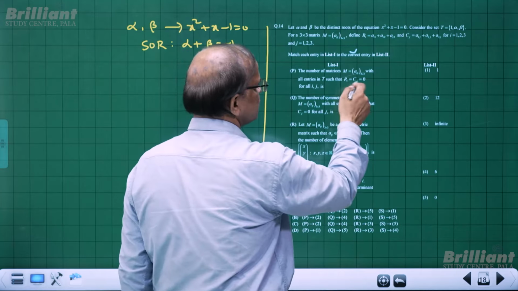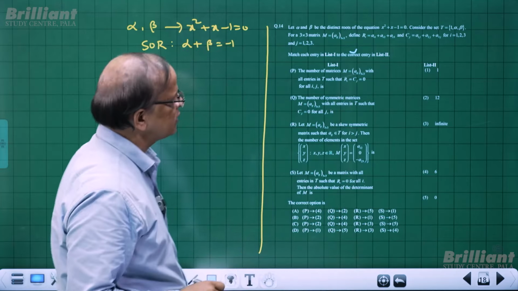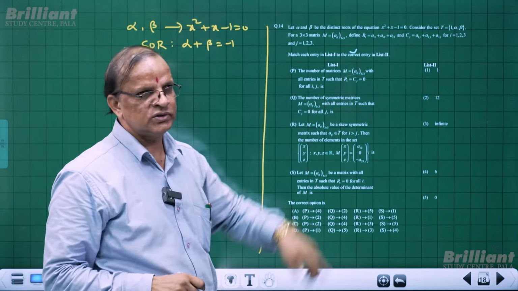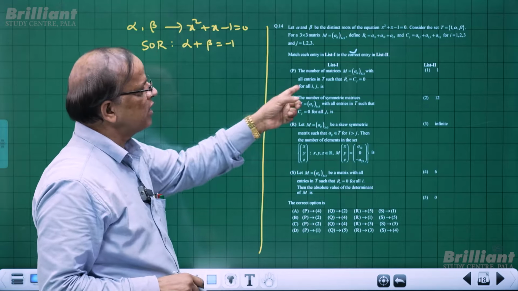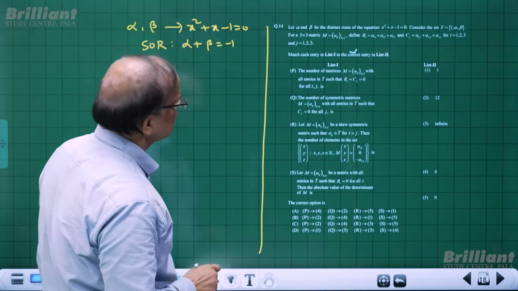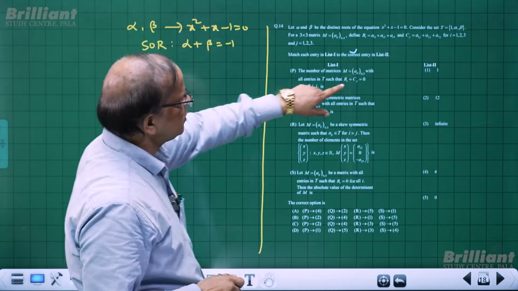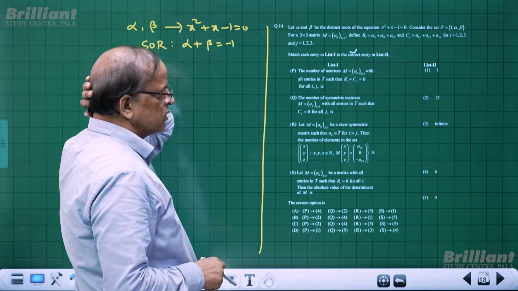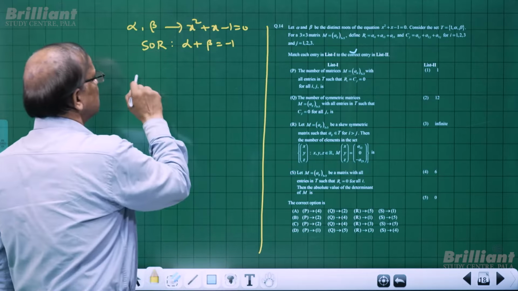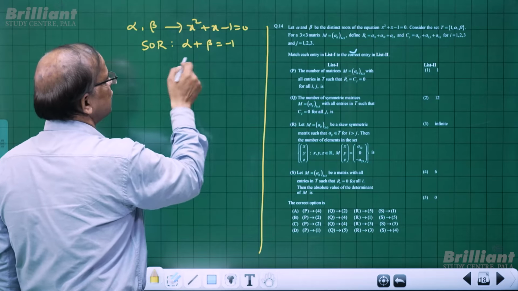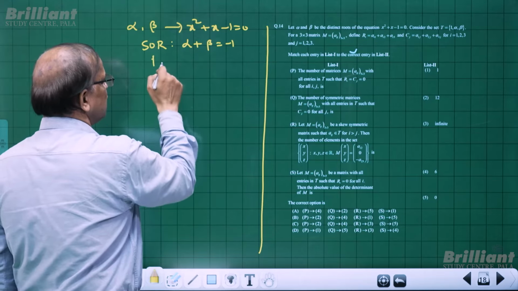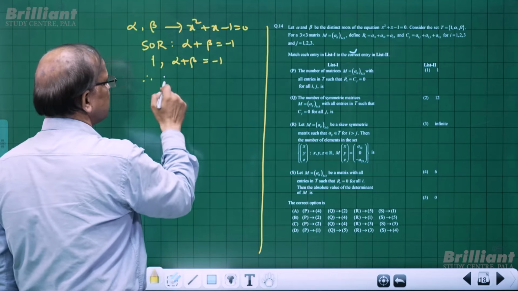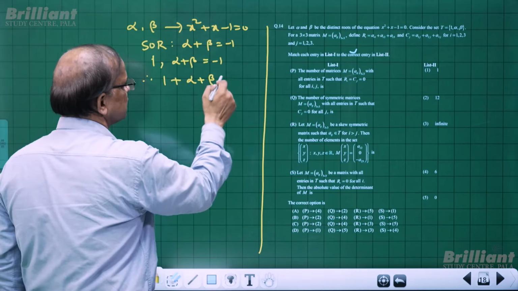Rows and columns sum to 0, that is R1, R2, R3 are 0 and C1, C2, C3 are 0, in such a way that we count how many matrices are possible. T is 1, alpha, beta. If you take 1, alpha plus beta, which is minus 1, then 1 plus alpha plus beta is 0, correct.